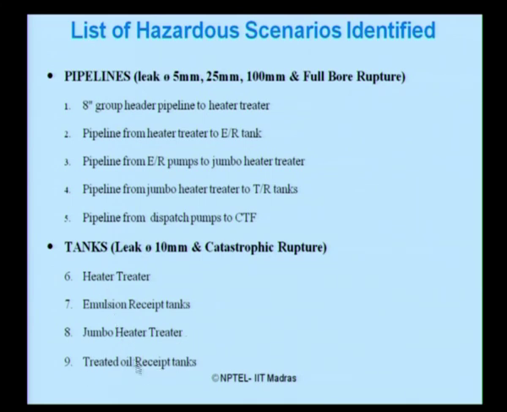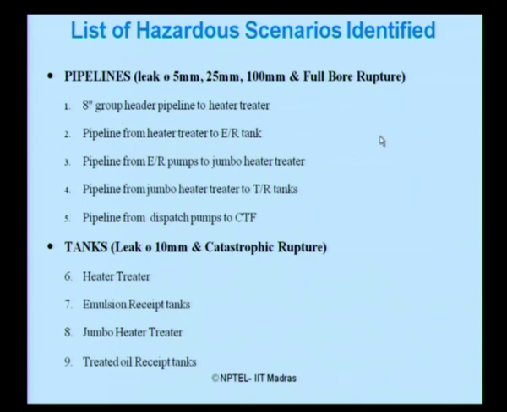These tanks are 6, 7, 8, 9, shown in red color in your process flow diagram, and 1, 2, 3, 4, 5 are pipeline segments shown in blue color. In the tanks I look for either a 10 mm leak or a catastrophic rupture. For the pipeline I look for 5 mm, 25 mm, 100 mm diameter leaks or a full bore rupture.